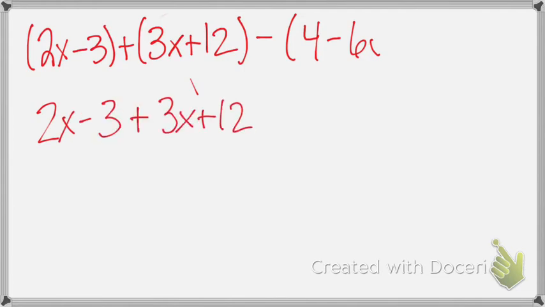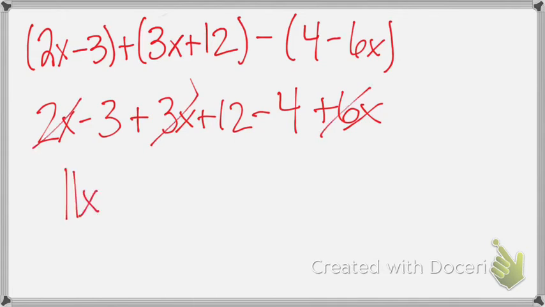Now, that 4 became what? It became negative, and the 6x became what? Positive. And now you just combine like terms like normal. So a 2x and a 3x and a 6x make an 11x.